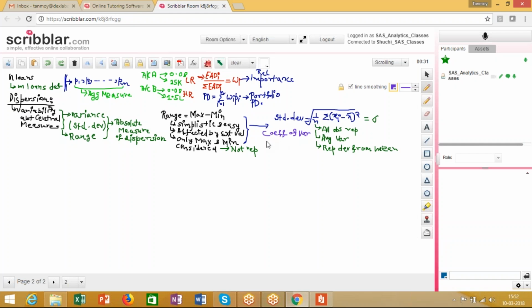The coefficient of variation is defined as sigma, that is the standard deviation, divided by the mean, which is x bar.